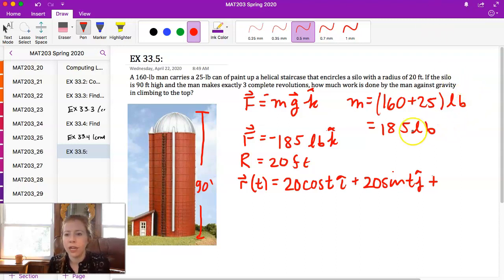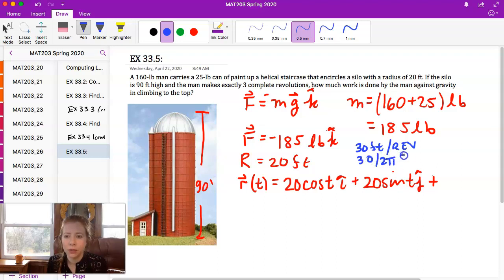So we need 30 feet per revolution. So 30 feet of height per revolution since we're going around 3 times. And so that means it's going to be 30 over 2 pi, which is going to be 15 over pi for each revolution around.